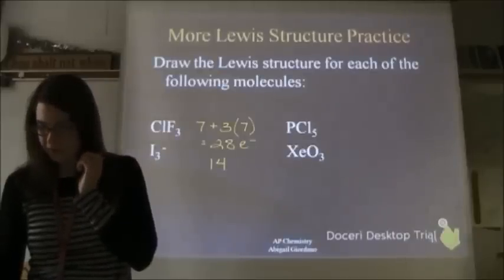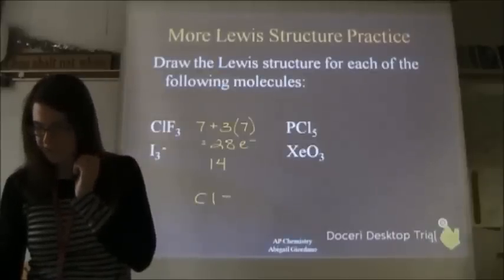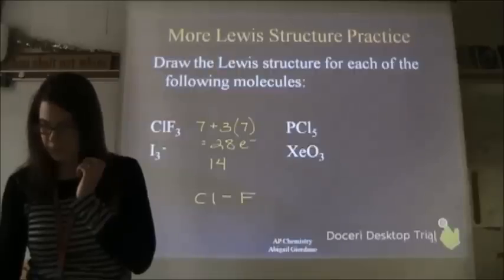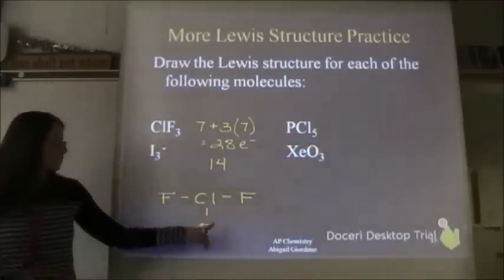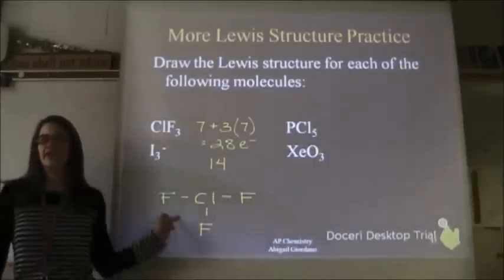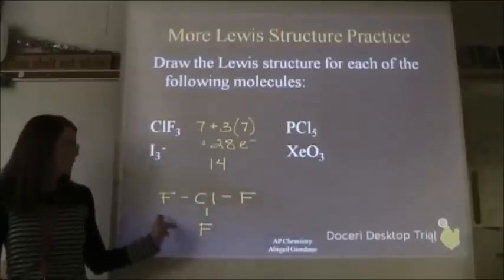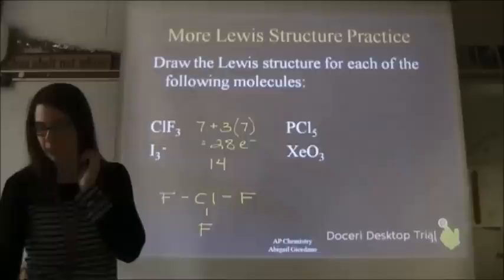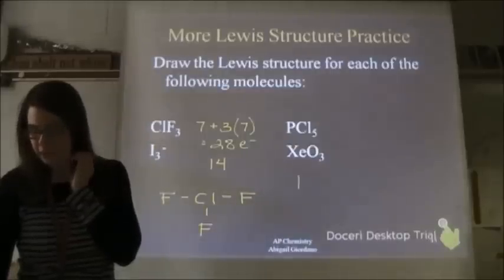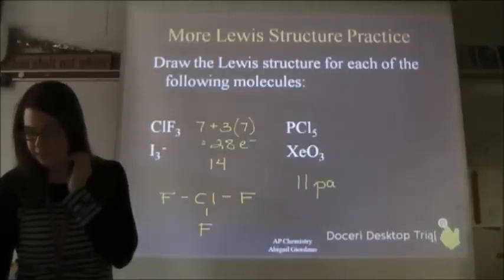We're going to draw a framework, chlorine in the center. Just in drawing this framework, I've used up 3. So I don't have 14 pairs available. I now have 11 pairs.